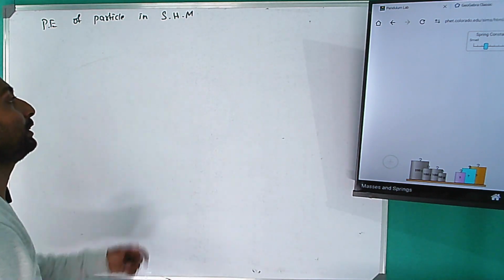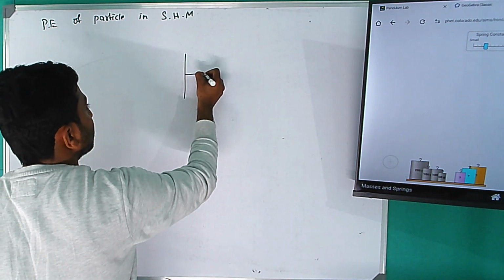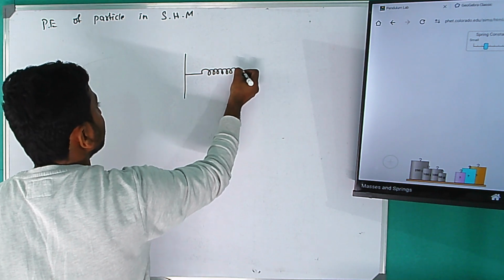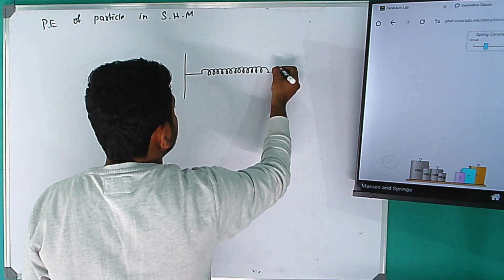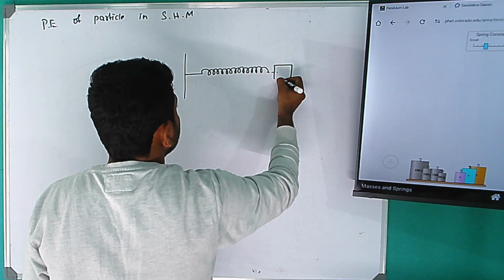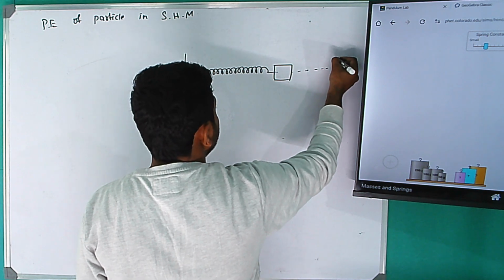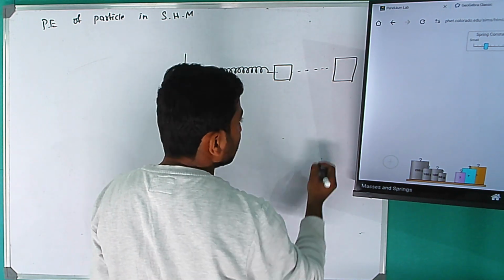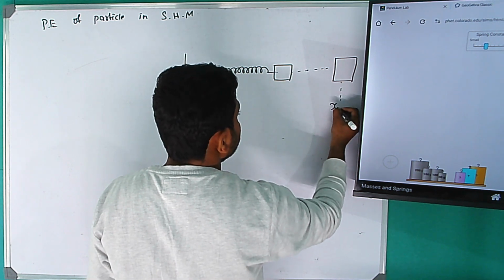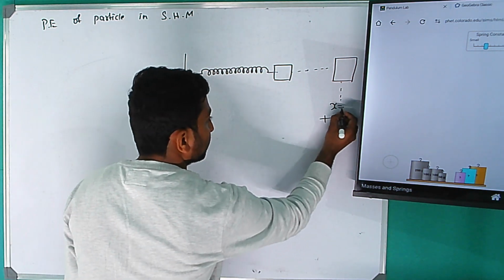So as of now, again I am going to consider a spring mass system as a particle executing simple harmonic motion. So let me consider this is an equilibrium position and the particle reaches here. I am going to call this the maximum displacement, that is x is equal to plus a.